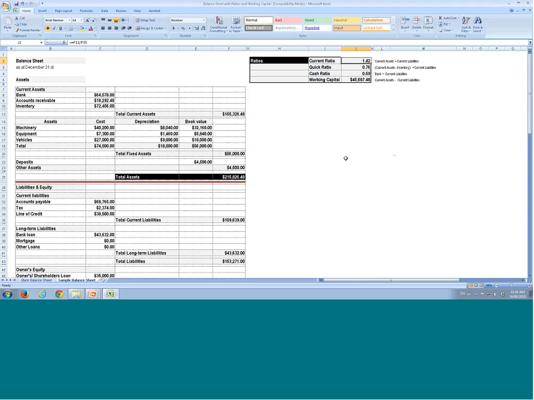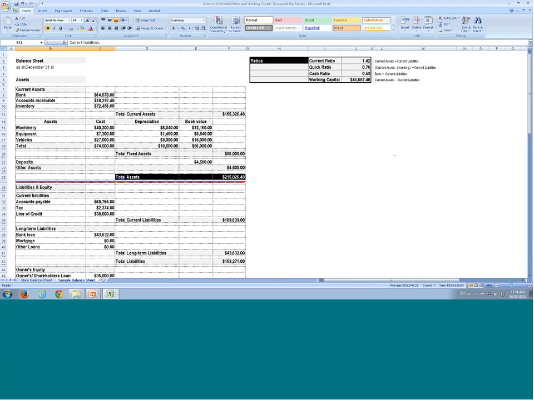What they're looking at here is, do your current assets cover your current liabilities? So let's use an example. Let's say all of a sudden, all your suppliers, Canada Revenue Agency, and your bank said to you, you know what, we want you to pay us back straight away all the money that you owe us.